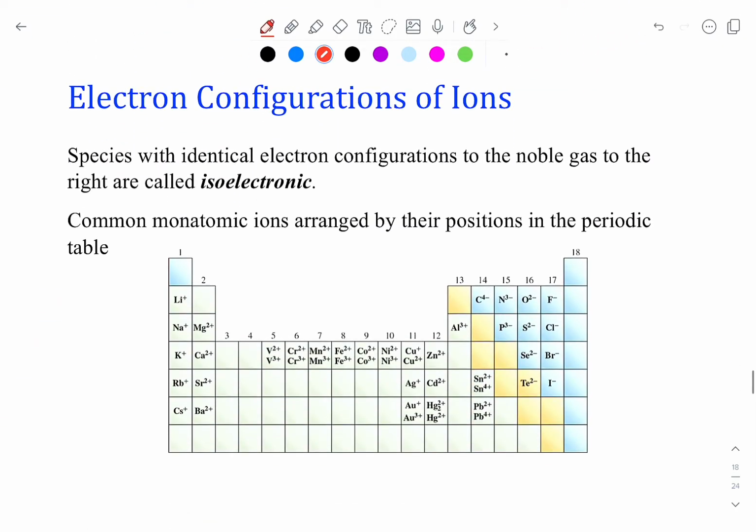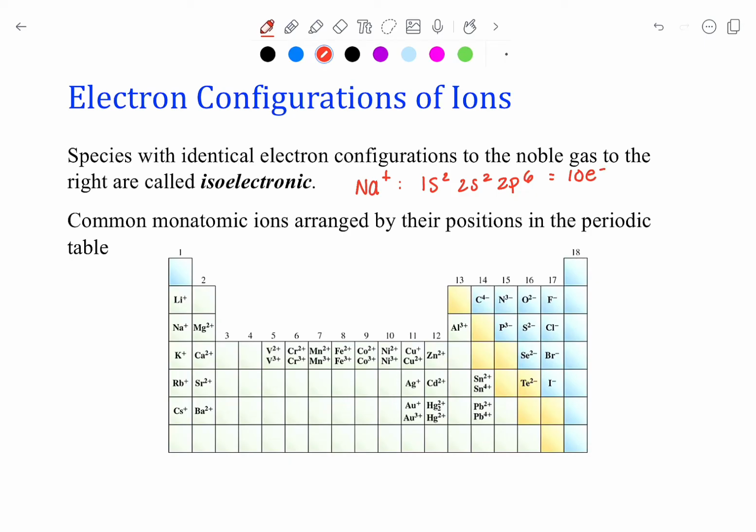So species with identical electron configurations to the noble gas to the right of them are considered isoelectronic. So if we look at sodium, which when we had Na+, we had 1s2, 2s2, 2p6. That has 10 electrons.